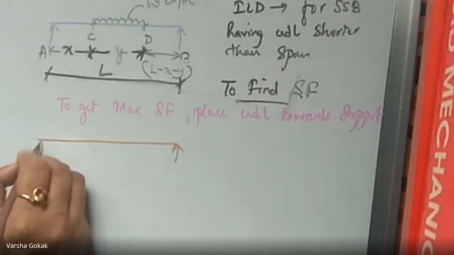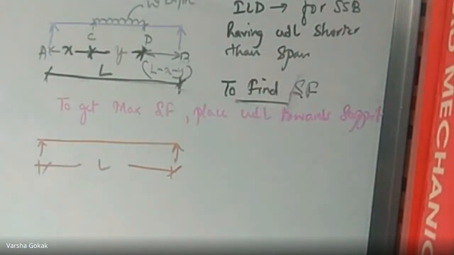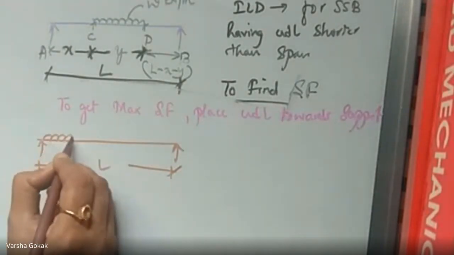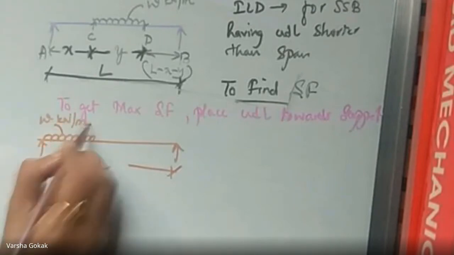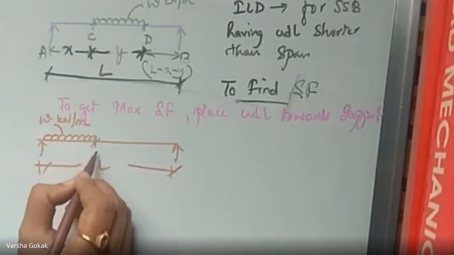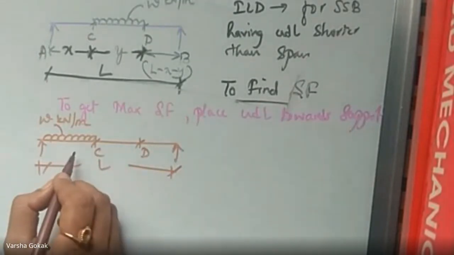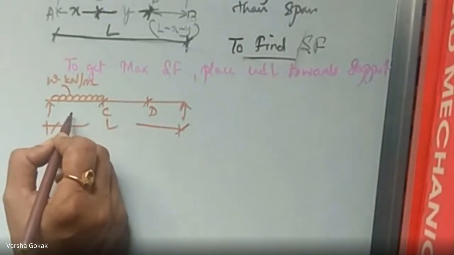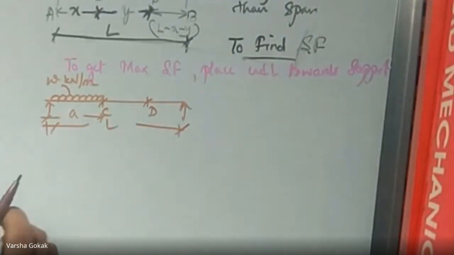This is your L span, and then I will place the UDL here, which is W kilonewton per meter, till this is C and this is your D. Let us call this distance small a, and the remaining one is B.